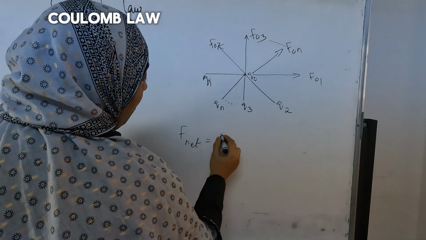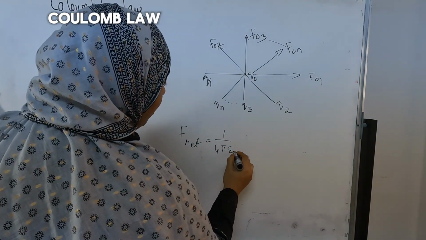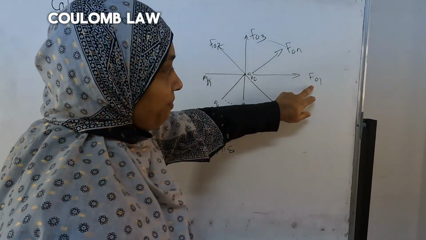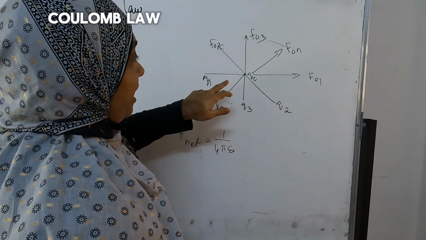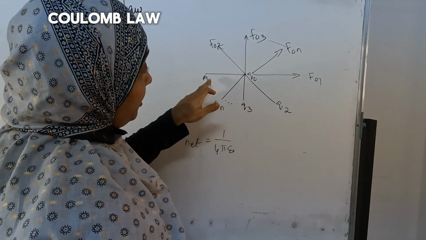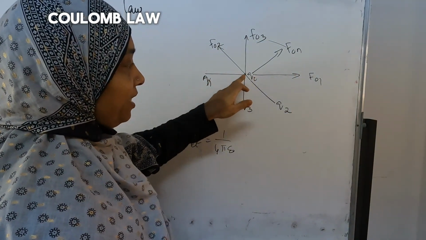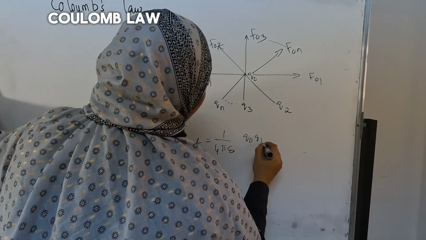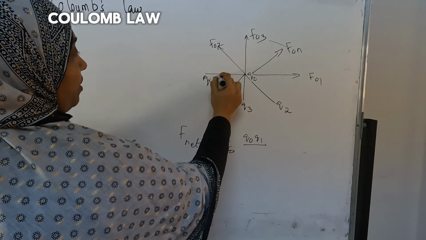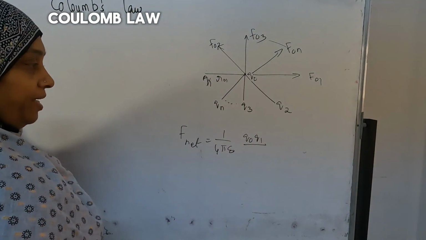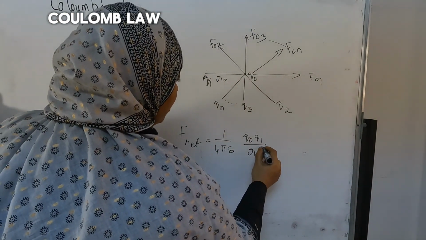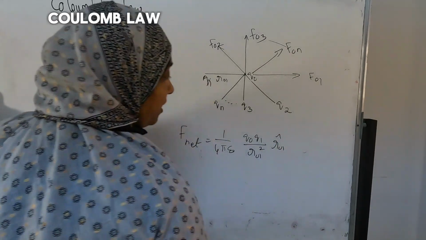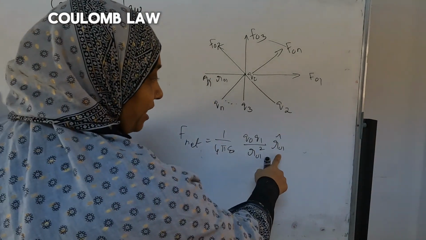Okay, so now how are we going to write this? In Coulomb's law, F net is equal to 1 by 4 pi epsilon naught. For this, first we will start from F01. F01 is the force between Q0 and Q1, only these two charges are involved here. So we will write Q0 and Q1 by the distance between them, R01, so R01 square, and the direction.